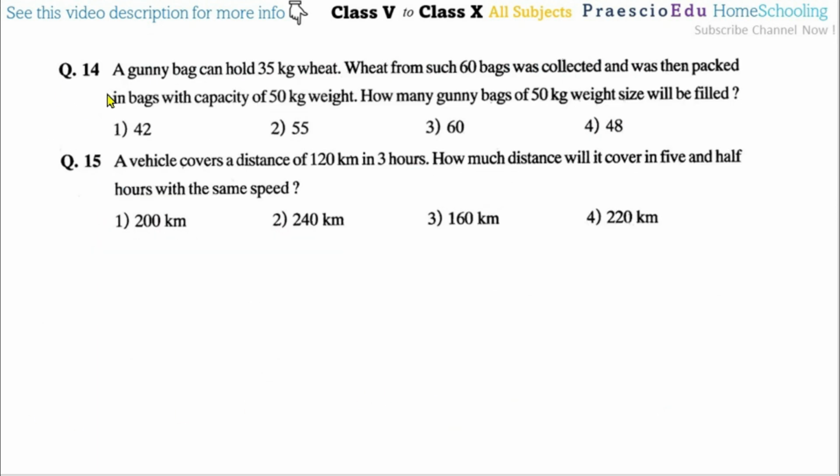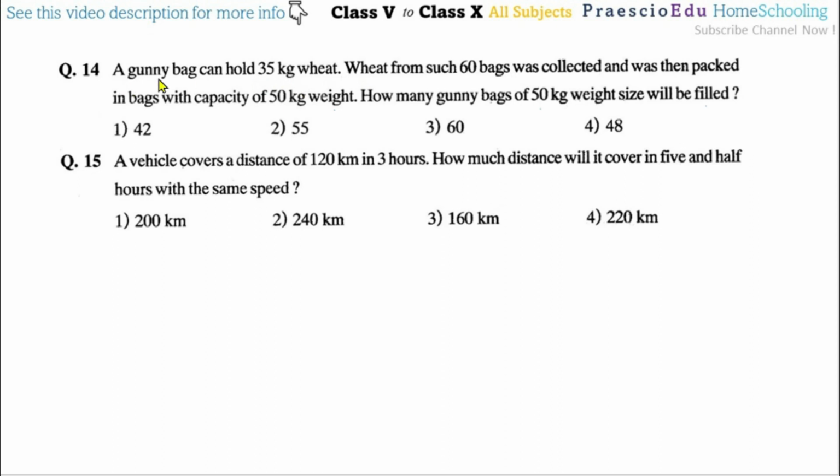Now question number 14. A gunny bag can hold 35 kg wheat. Wheat from such 60 bags is collected and then packed in bags with a capacity of 50 kg weight. How many gunny bags of 50 kg weight size will be filled? First of all, we will calculate the total weight.